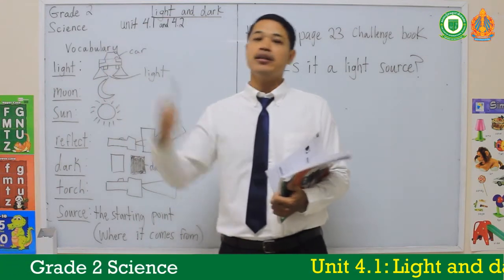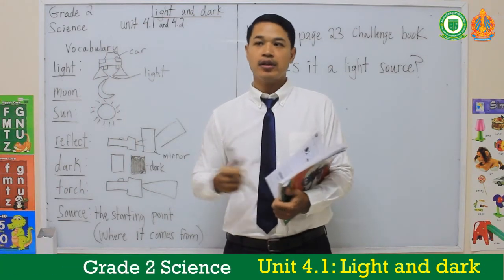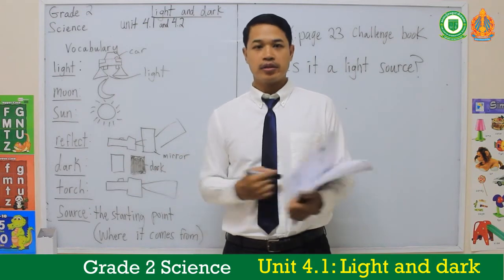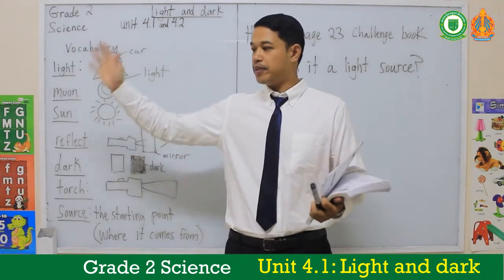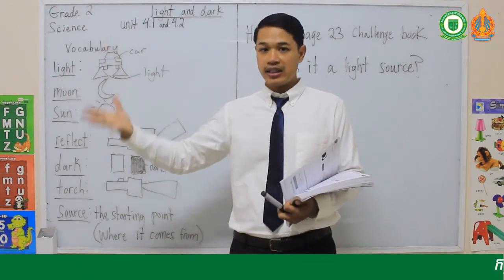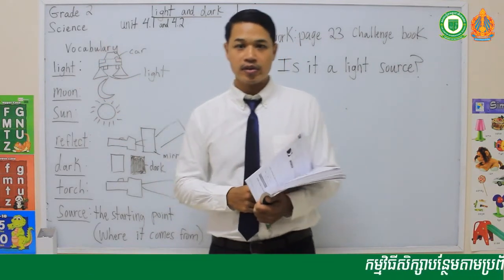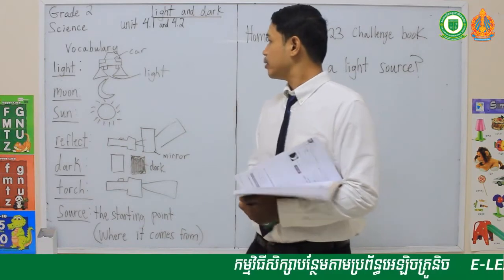Like the sun, a major light source. A torch, a candle, because once you light a candle, it produces light and it helps us to see. That's what a light source is.